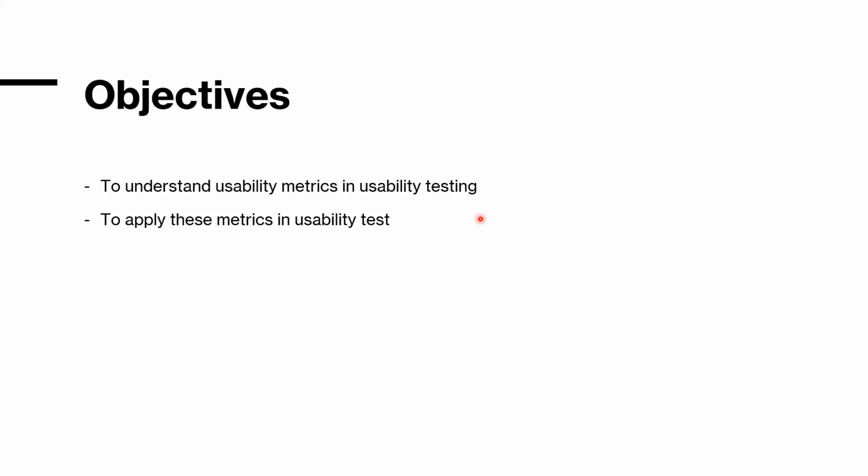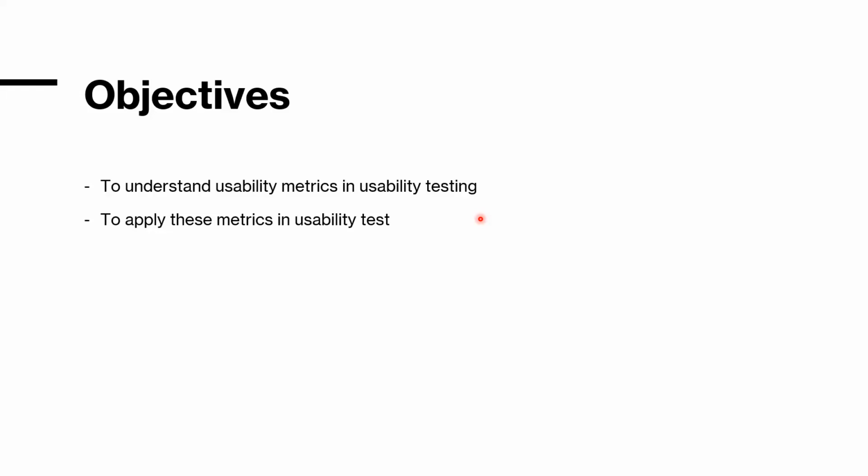For example, you want to know about the performance of your participants in terms of how quickly they can complete the task, right? Or how many errors they make, and how they navigate through your mobile app, right? So there are many metrics that you might be interested in for a usability test, right?